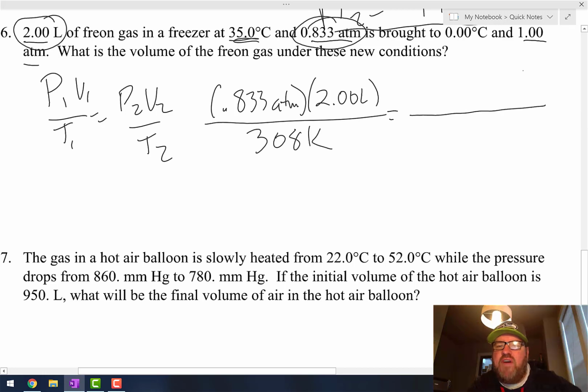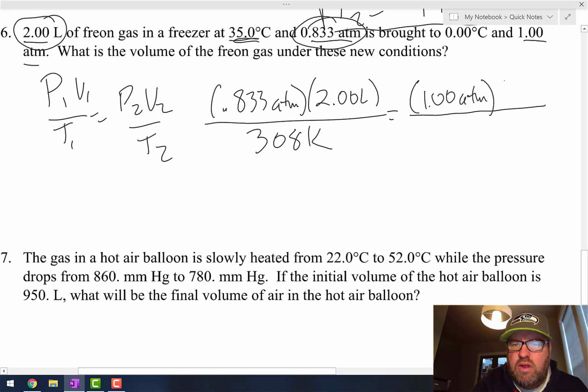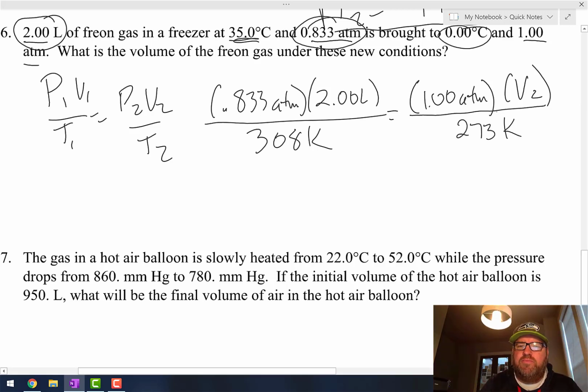And now our final pressure is 1 atmosphere, the volume is our unknown, and the temperature is 0 degrees Celsius, which is 273 Kelvin.